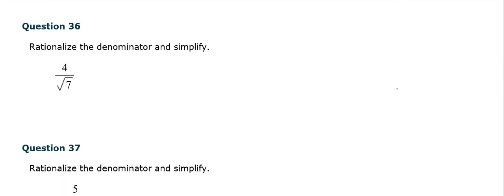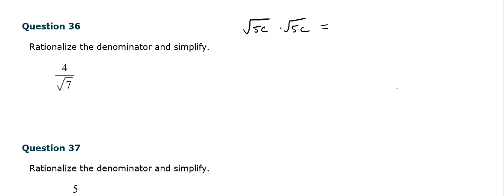So next we're going to talk about rationalizing. Rationalizing means to change a value from an irrational number, that's a number under the radical, to a value that's no longer under the radical. Now, we're going to go back to what we talked about earlier when we multiplied the square root of 5 times itself.